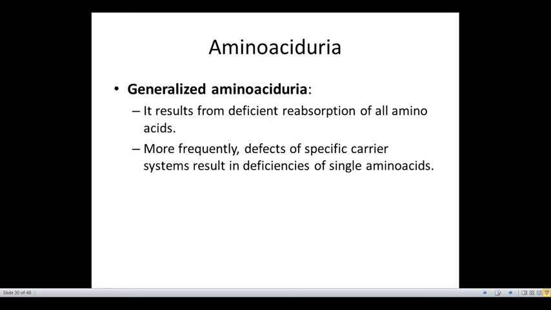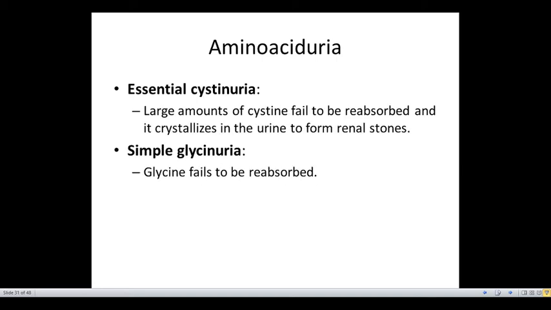But more frequently, defects of specific carrier systems result in deficiencies of single amino acids, like essential cystinuria, in which large amounts of cysteine fail to be reabsorbed and it crystallizes in the urine to form renal stones. Another example is simple glycinuria, in which glycine fails to be reabsorbed.